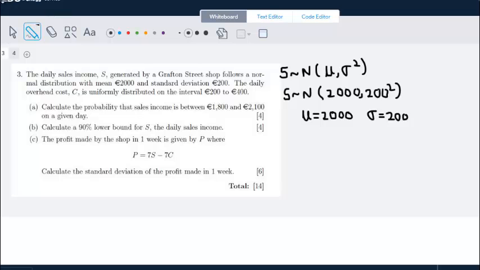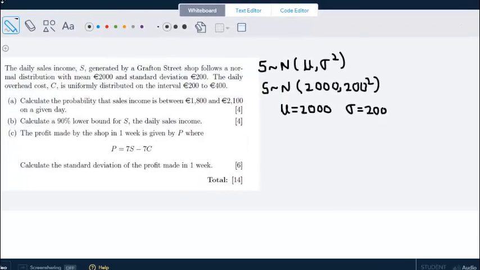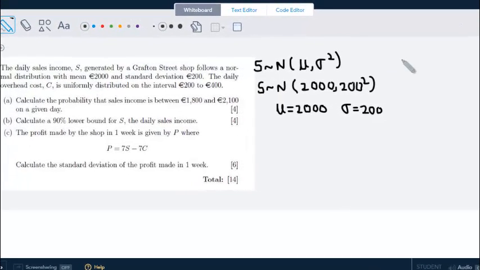The other is the uniform distribution given to you. The daily overhead cost, C, is denoted by a uniform distribution. The limits are A to B, 200 to 400. Like actually the notation, if you go by, it is A to B, that is from what point to what point the uniform distribution is defined in this case.